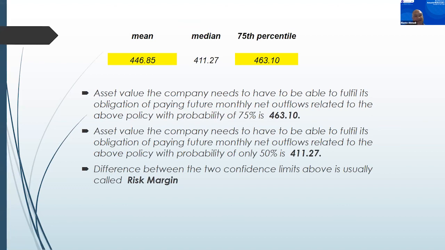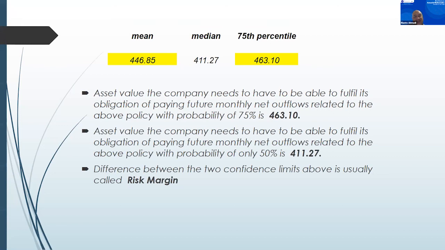The regulator requires the company to have equity greater than the RBC, the risk-based capital. And what is this risk-based capital actually? Theoretically, it is supposed to be the difference between the 75th percentile and the 99.95th percentile.